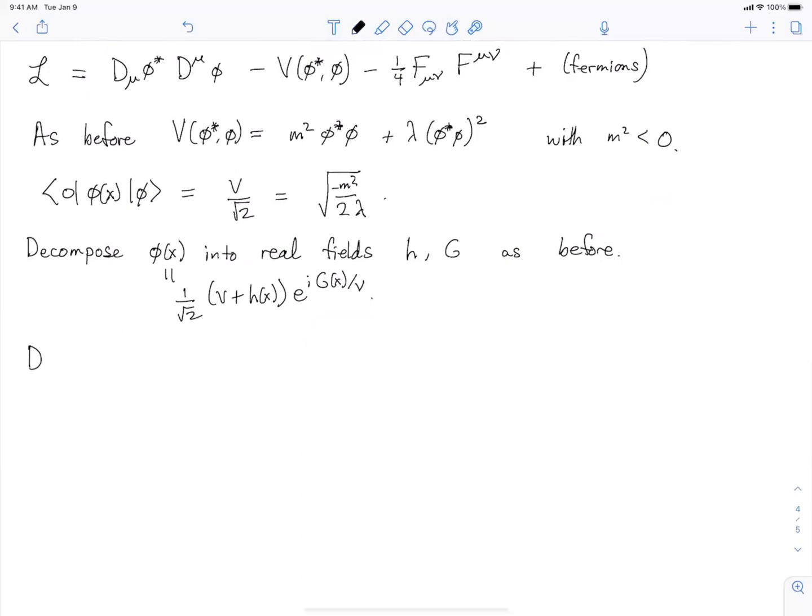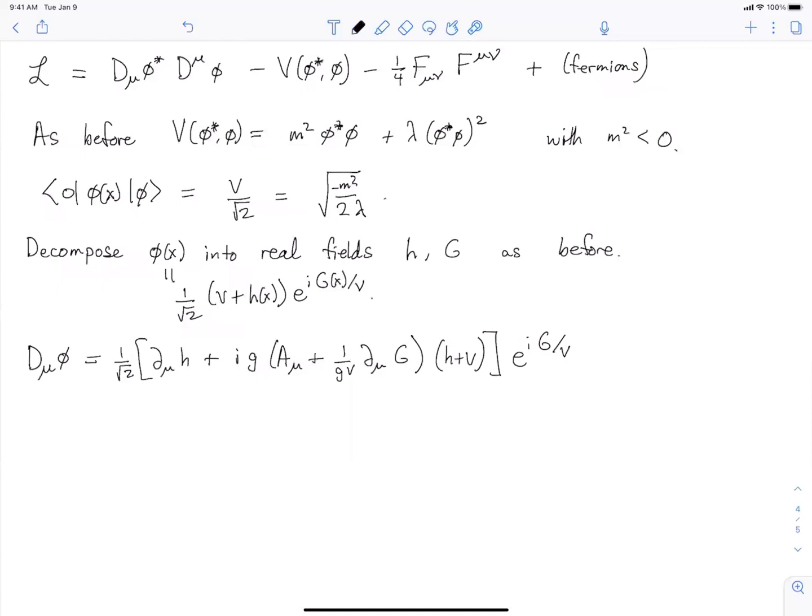One thing we're going to need is the covariant derivative for phi. And that, when you plug it in, looks like the following. e to the i g over v.